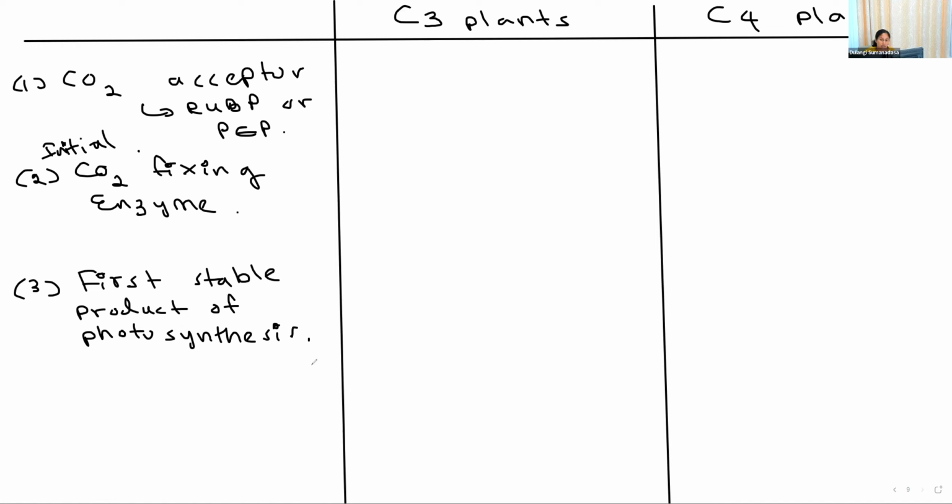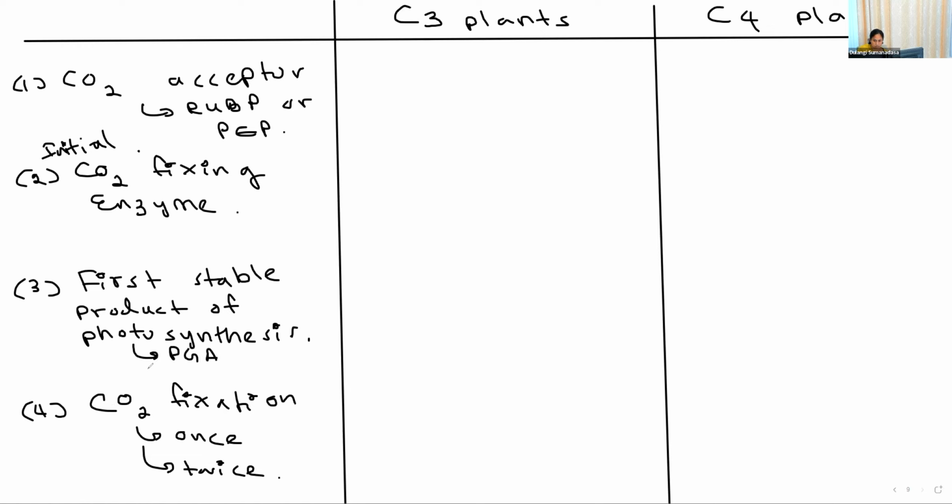What is the first stable product of this entire photosynthesis? I wrote all the options.